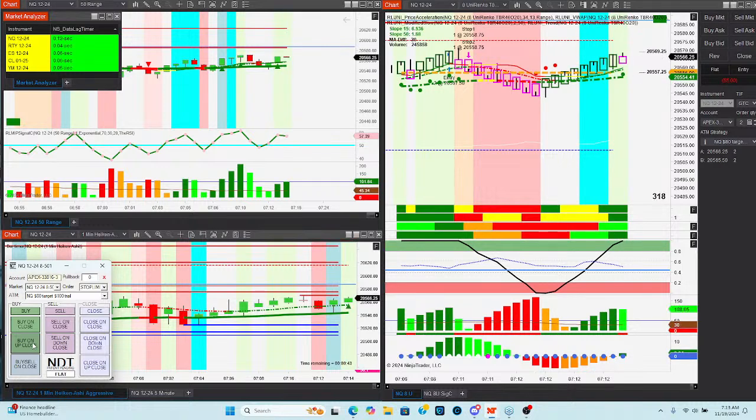I did like that candle though, going right into a C2. I think this time I might let it get through this.